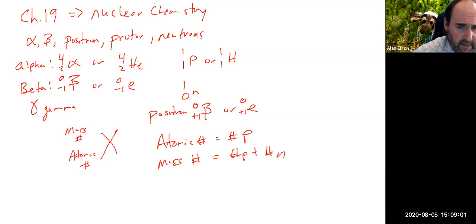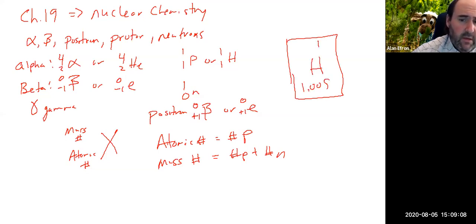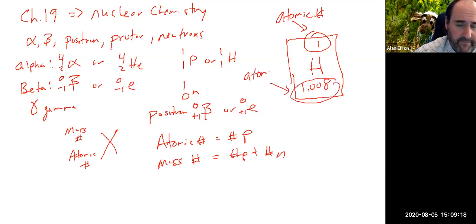And in terms of the periodic table, this is our atomic number. And as we talked about, hopefully, this number here is the atomic mass, not the mass number. So the mass number is not found on the periodic table, just the atomic number.